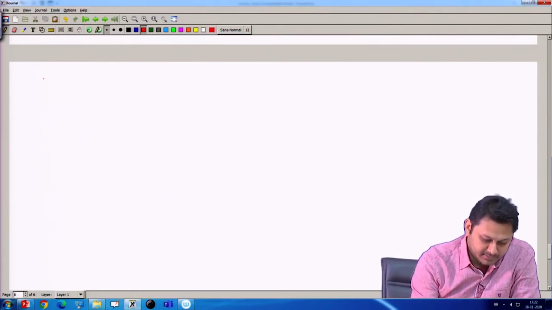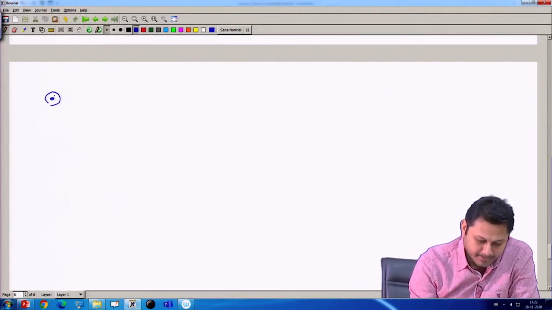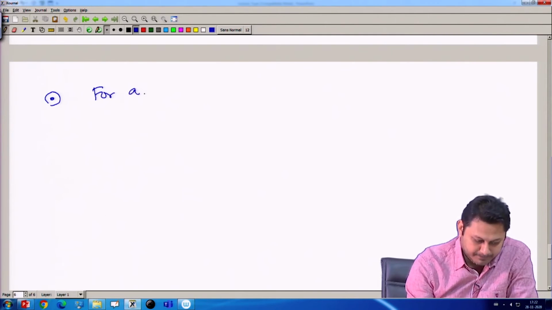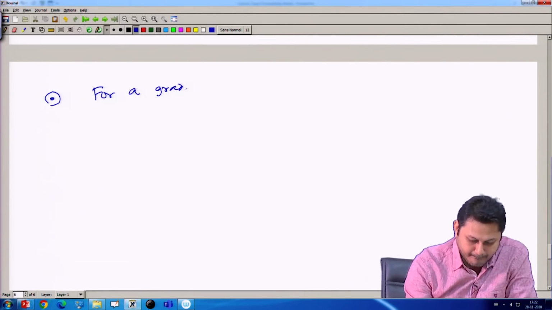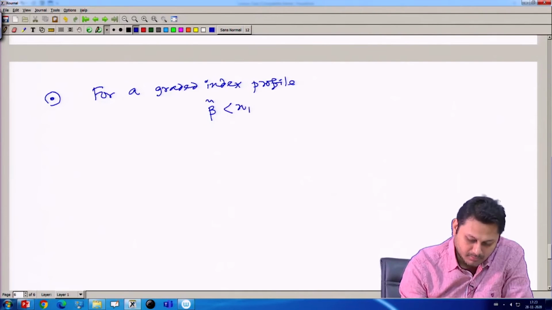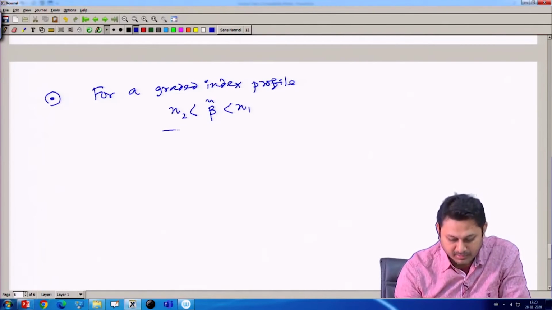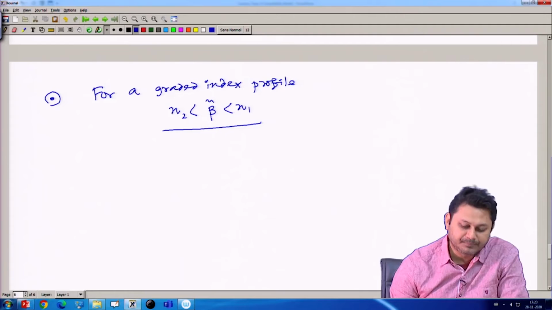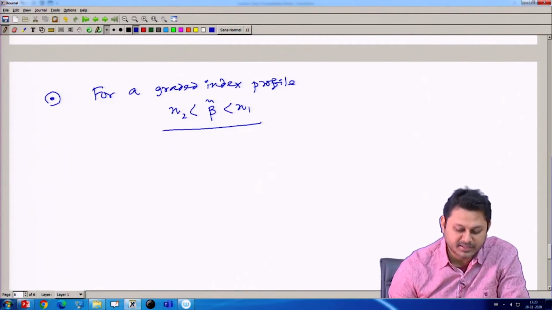Okay. Now after that we should move on to another very important conclusion. For a graded index profile, we can always have that the ray path constant beta tilde should be less than n1 and greater than n2, for a graded index profile or any index profile.